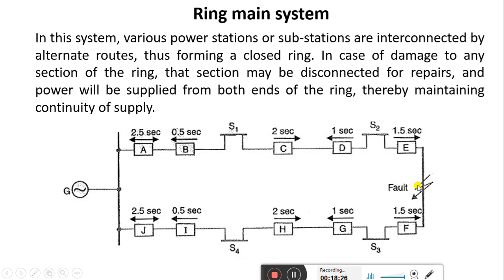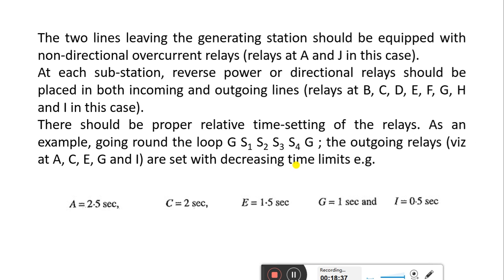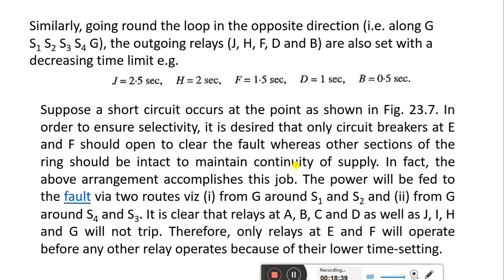If there is a fault, then this generator will be able to supply power to the faulty point from two routes. So how to protect the system? Just see what it says here, that the two routes have already been defined.